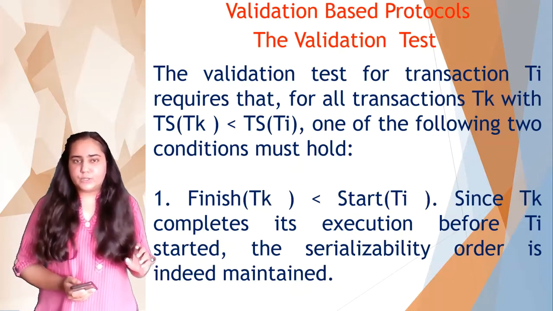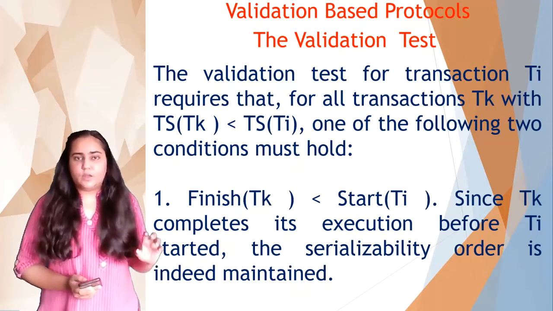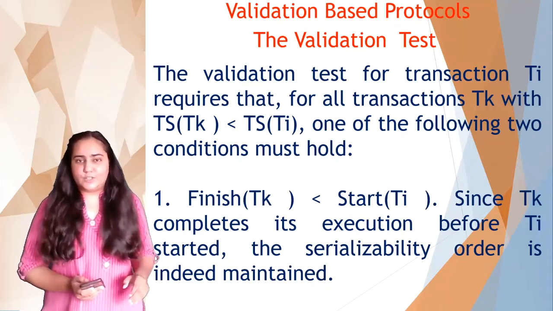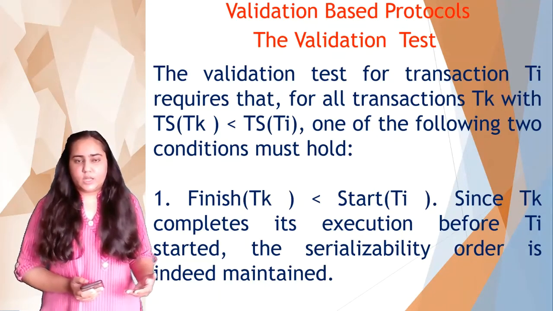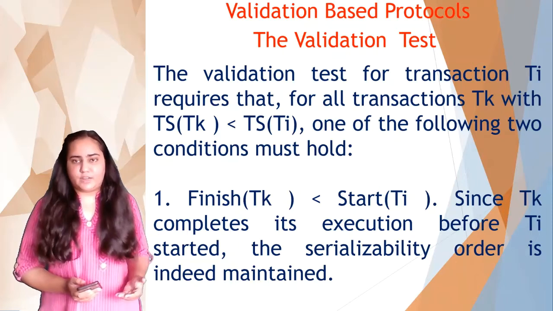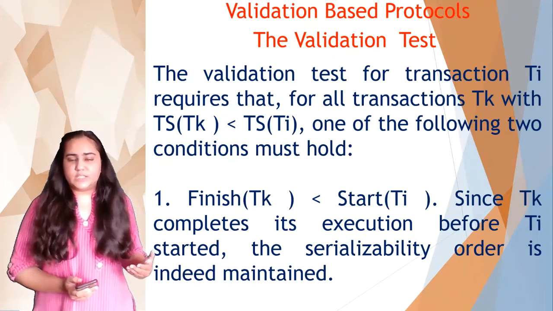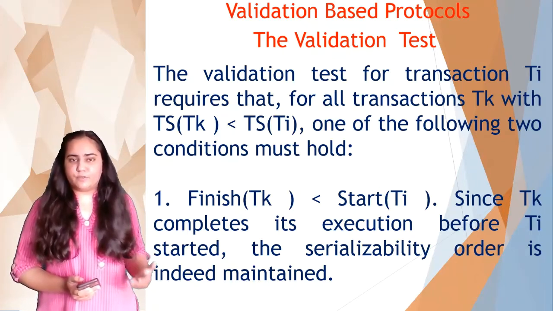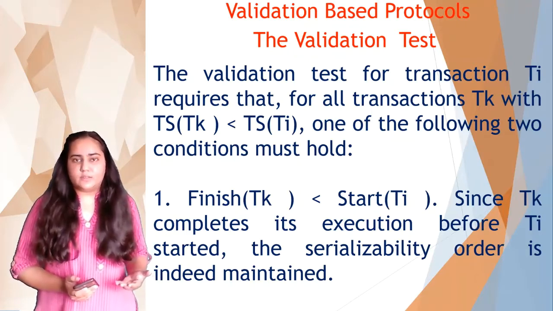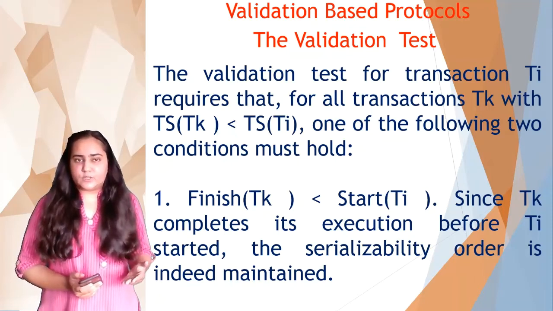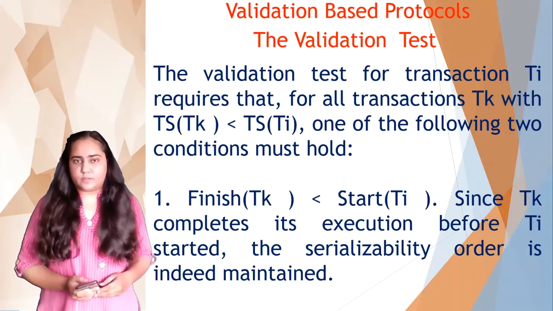That means TI should start its read phase only after the other transactions that arrived before it have finished their write phase. Since TK completes its execution before TI starts, obviously the serializability order is maintained, because TI is going to wait for the other transactions that arrived before it to finish their work first.